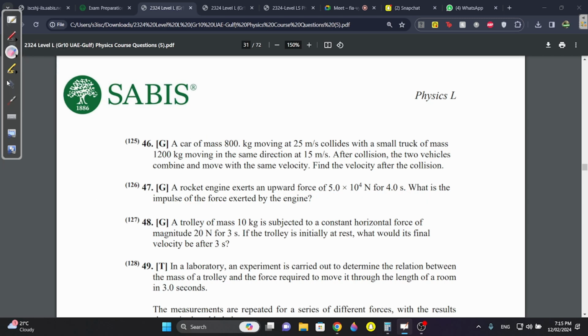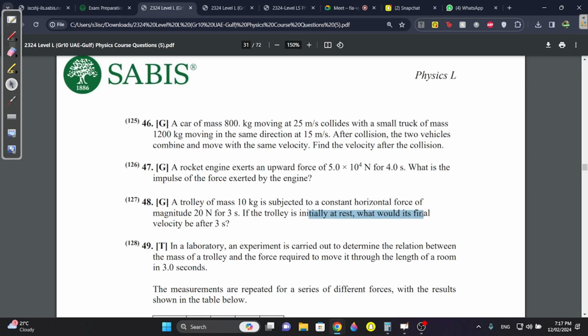Question 48. A trolley of mass 10 kilograms is subjected to a constant horizontal force of magnitude 20 newtons for 3 seconds. If the trolley is initially at rest, what would its final velocity be after 3 seconds? Since we're starting from rest, delta P and P will be equal, and we know P is mv and delta P is Ft.